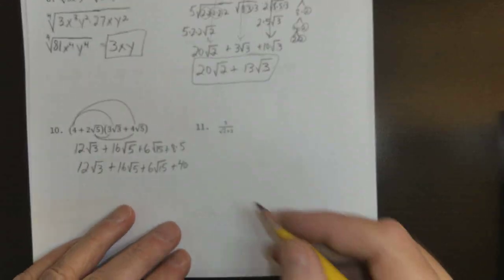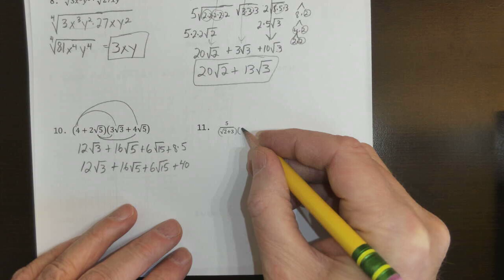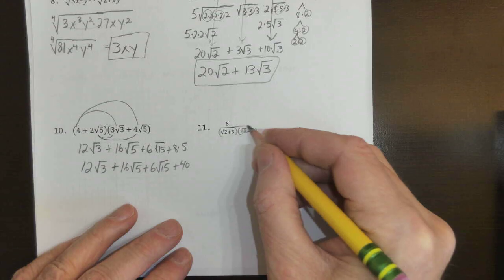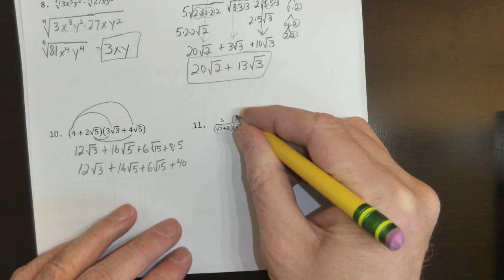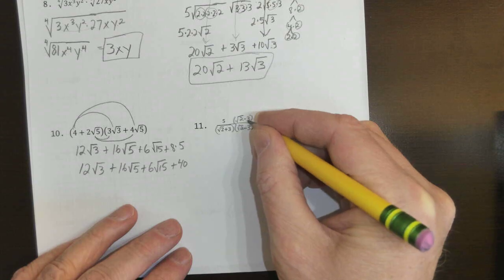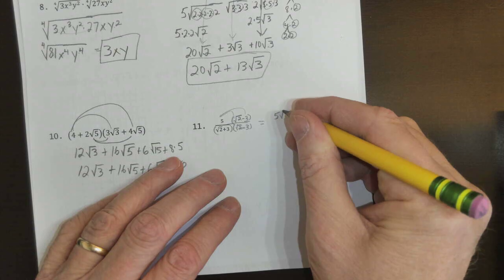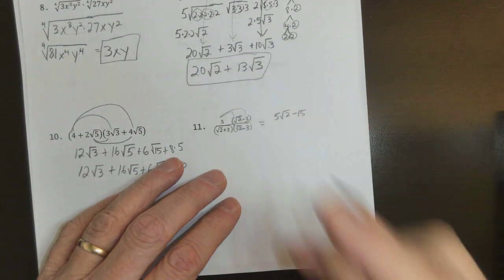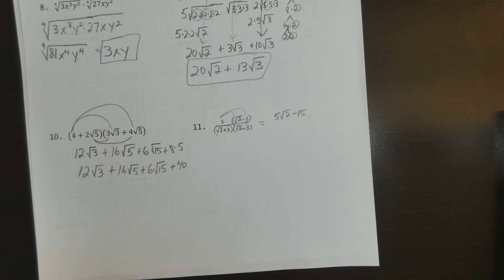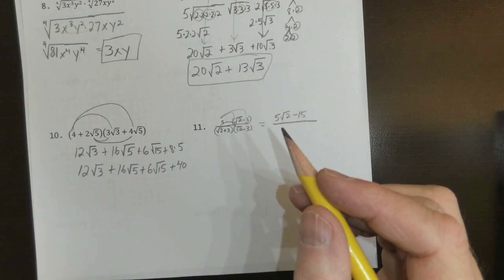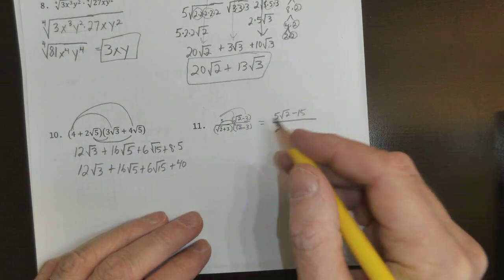And then number 11 here. I'm going to multiply both sides by the conjugate of the denominator, because we want to rationalize the denominator here. And that's the square root of 2 minus 3. And the top I will just distribute. That's 5 radical 2 minus 15. The bottom: square root of 2 times square root of 2 is 2.